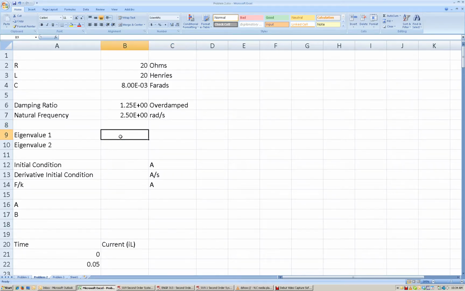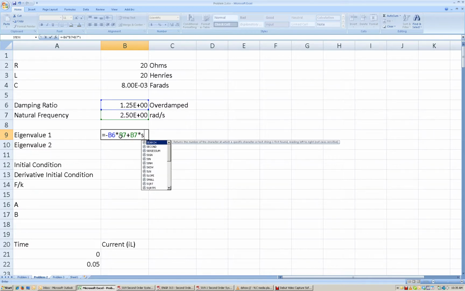I know that the eigenvalues for an overdamped system are calculated as follows. I take the opposite of the product of the damping ratio and the natural frequency, and for the first eigenvalue I add to that the product of the natural frequency times the square root of the damping ratio squared minus 1.